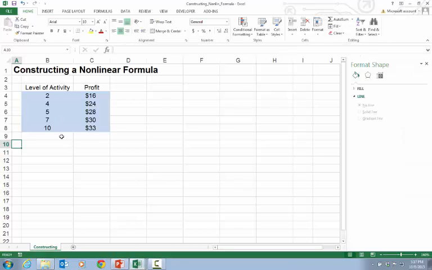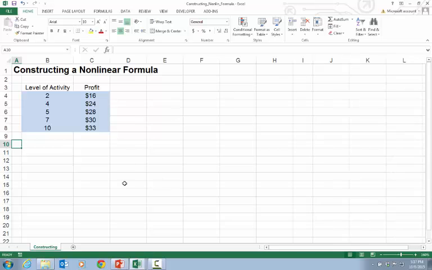So we've got this data here, and we've got a level of activity, and we've got an associated profit with it. And we go, wow, look, if you do 2 items, you get a profit of $16 total. That kind of implies you're getting $8 profit for each of those 2.